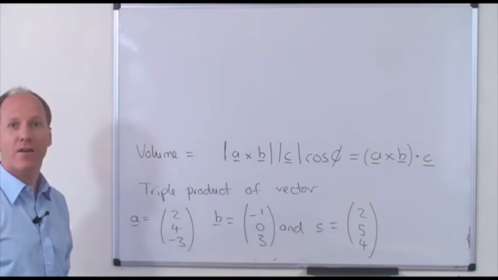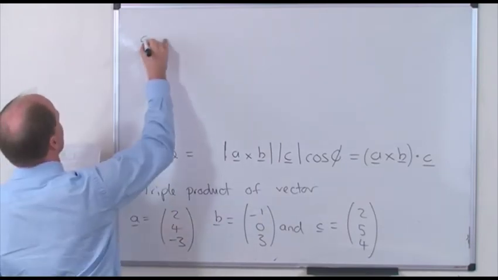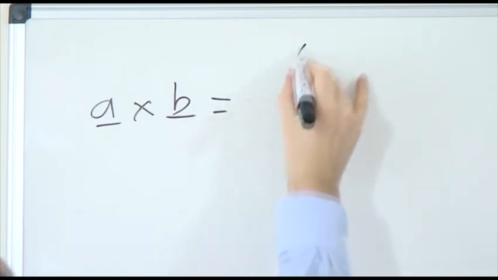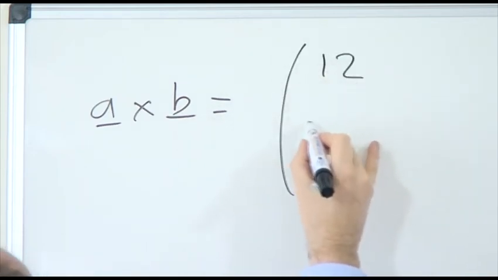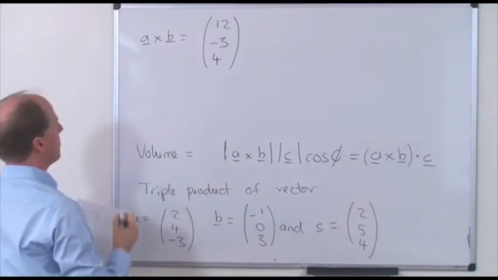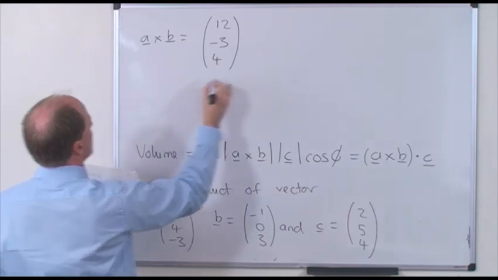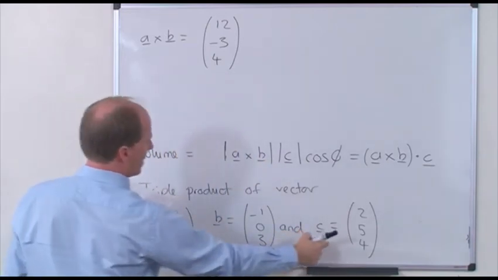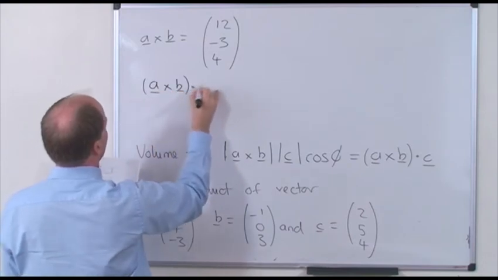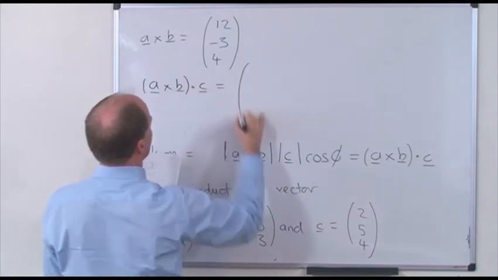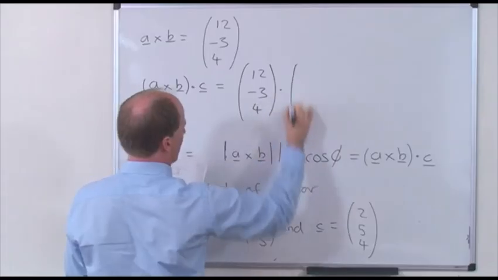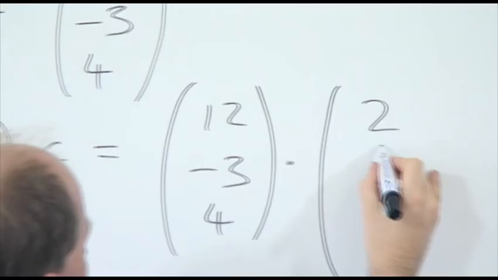Now we've already worked out A cross B. And that was given by 12, minus 3, 4. So to form the triple product, we simply multiply this by C, so that A cross B dot C is going to be 12, minus 3, 4, dotted with 2, 5, 4.